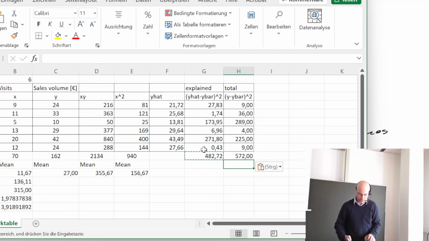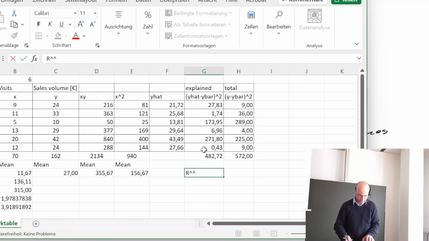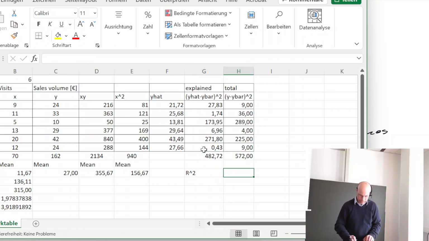And so we obtain r squared equals 487 over 572.